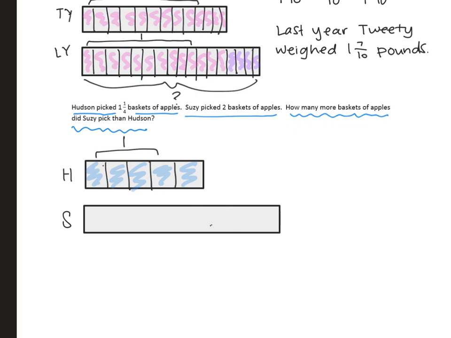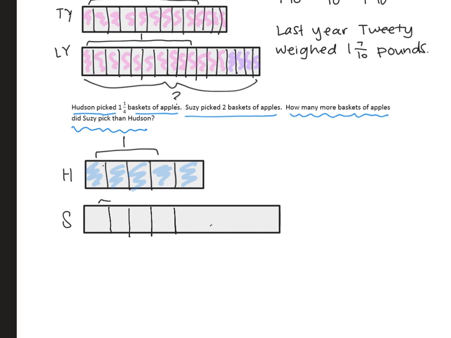Okay. Now going to Susie, I'm still going to think of this as 4ths, but I know that she picked 2 whole baskets of apples. Hudson picked 1 whole basket and then some more. Susie picked 2 whole baskets. So I know that 4/4 is going to give me 1 whole, right? So Susie already picked at least 4/4, because that's 1 whole.